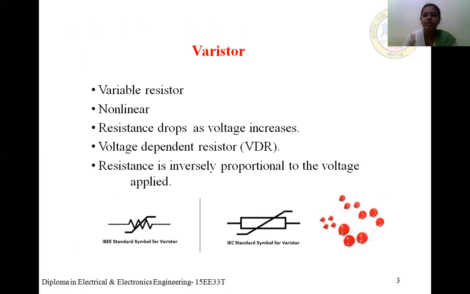Next, coming to the session, we are going to study about varistor, thermistor, working of varistor, working of thermistor, and application of varistor and application of thermistor. Okay, let me start with the varistor now. The varistor is a variable resistor, and it is a non-linear device.